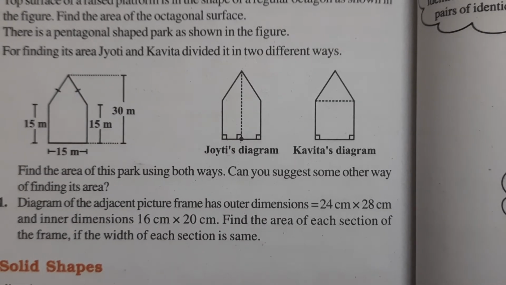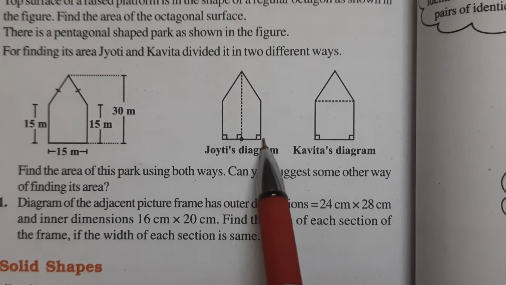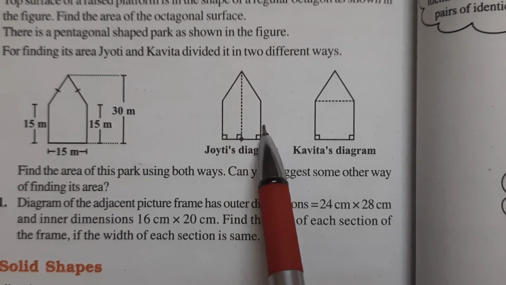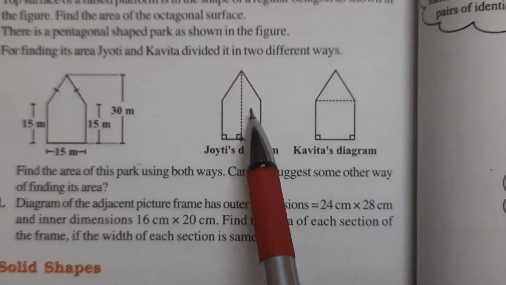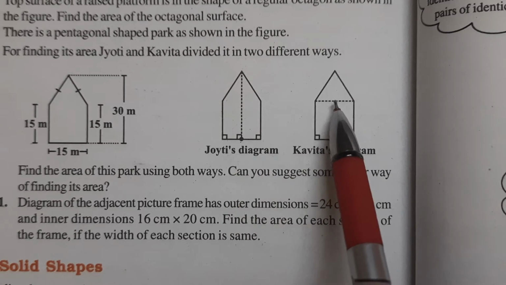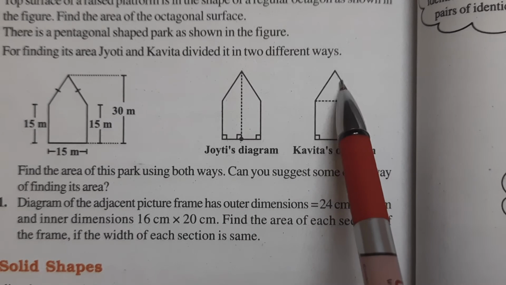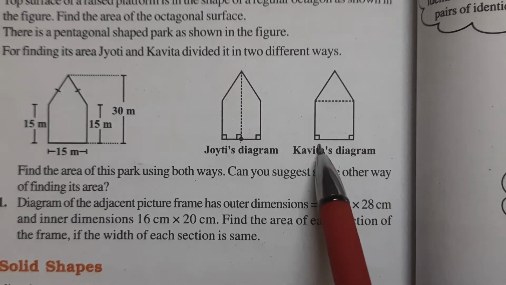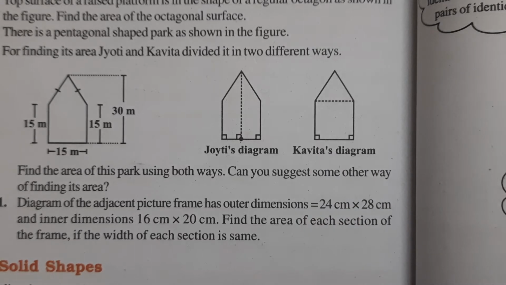So firstly we will calculate how Jyoti did it. Here you can see the pentagonal shaped park. Jyoti has divided it into two trapeziums, whereas Kavita has divided this park into a triangle and a square as a base. So firstly let us do the calculation of what Jyoti did.